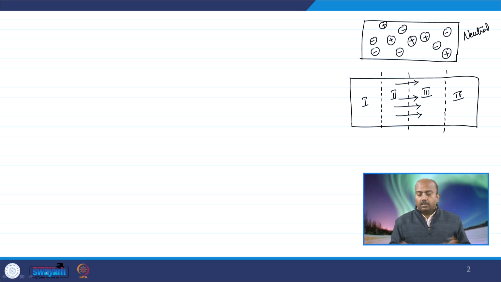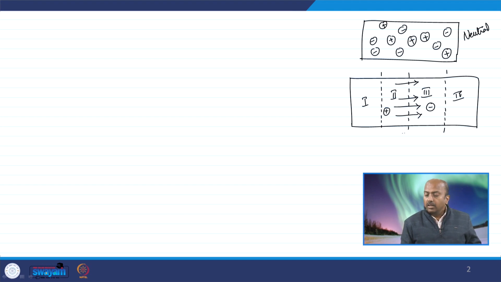Some electrons are transferred. What will happen as a result? When there is a surplus of electrons in region 3, this region becomes negatively charged, and because of the loss of electrons, the ions become the majority charge carriers in region 2, by which positive charge will be acquired by region 2.